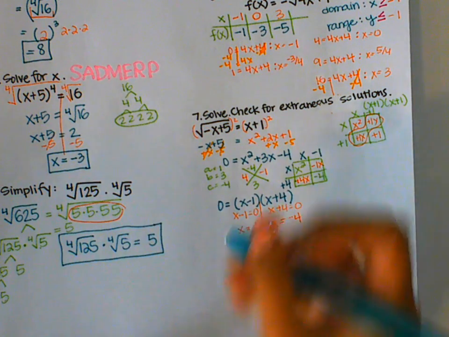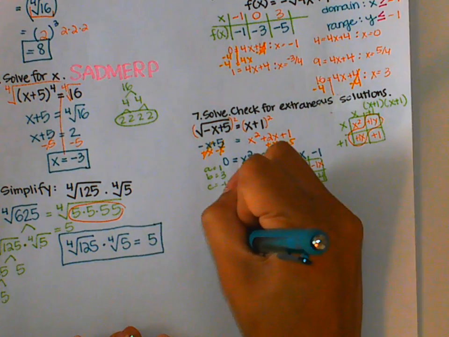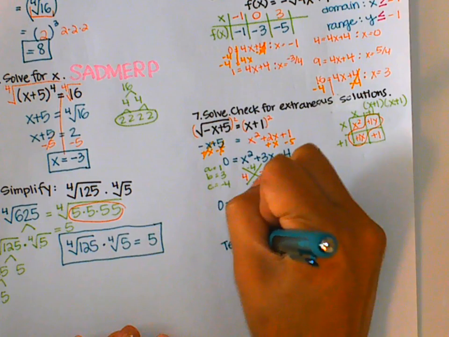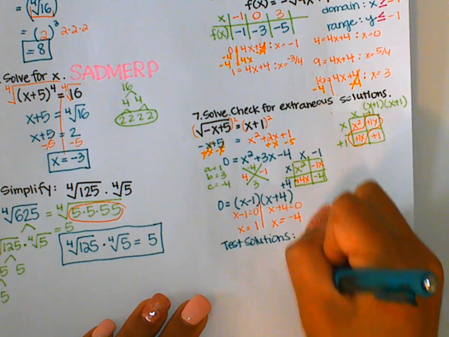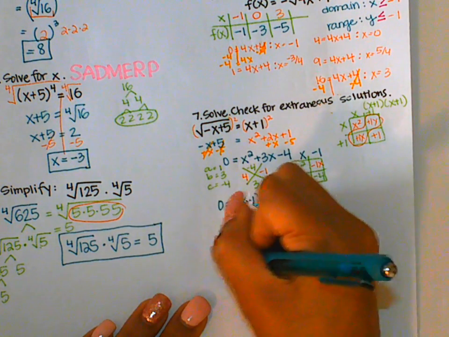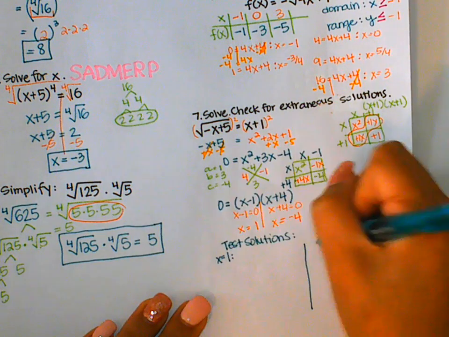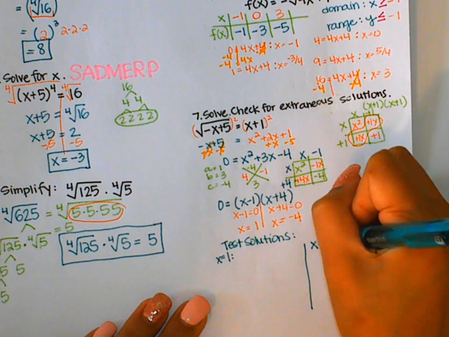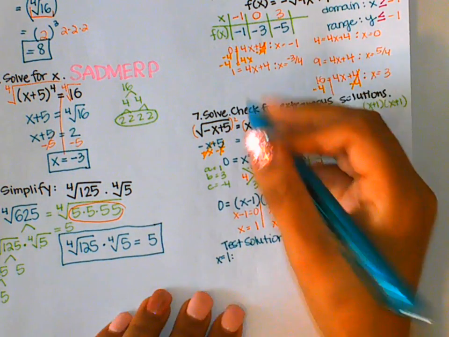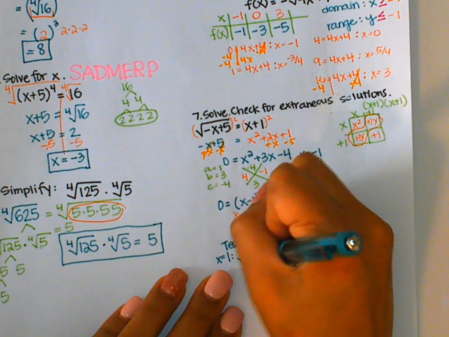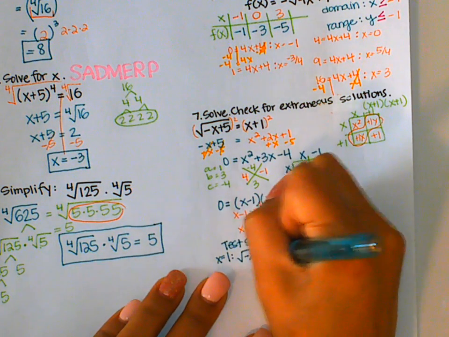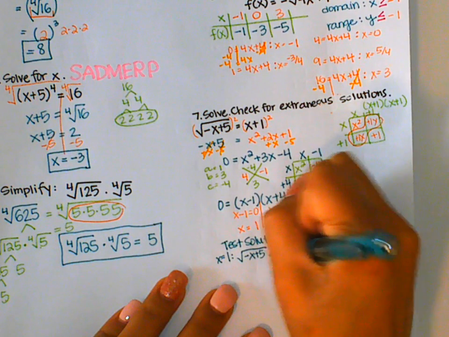So, I'm going to test my solutions. In this first one, I'm going to test x is equal to 1. And in the second one, I'm going to test x is equal to negative 4. So I want to plug those into negative x plus 5 is equal to x plus 1.